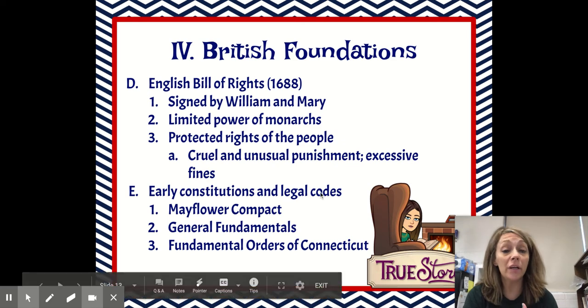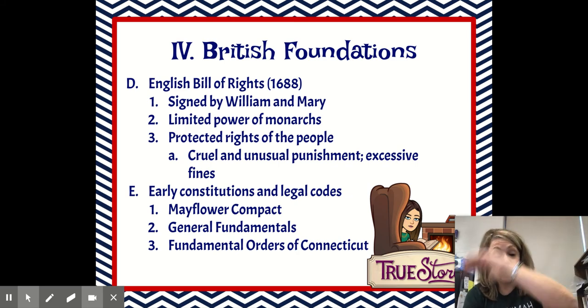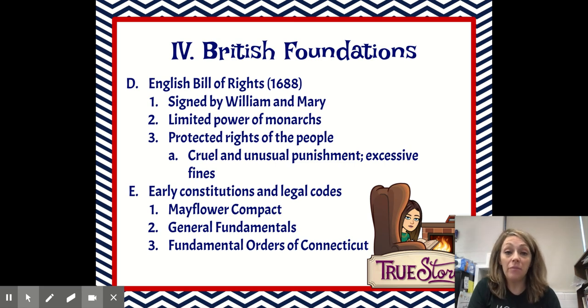There are some even earlier legal documents and codes that we want to look at that help form the foundation for our government system. The Mayflower Compact was actually drafted and signed as the Pilgrims were floating on the Mayflower coming over to the New World. They were given a charter for land in Virginia, but they got blown off course by a storm, and they realized that they weren't going to land in the area where they were supposed to land.